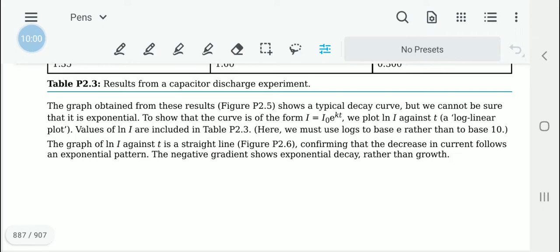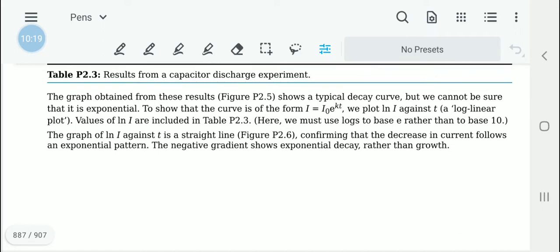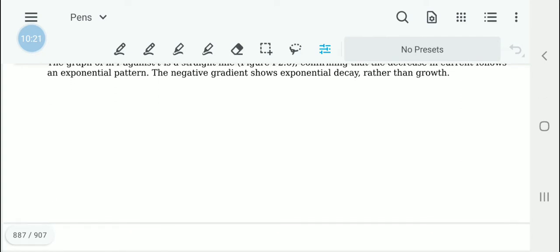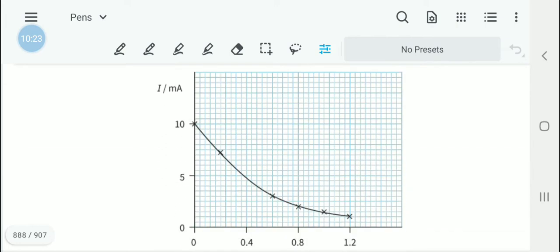That tells us the decrease in current follows an exponential pattern. If you did it the other way around, you will not get a straight line. The negative gradient will show us that it is an exponential decay rather than a growth.